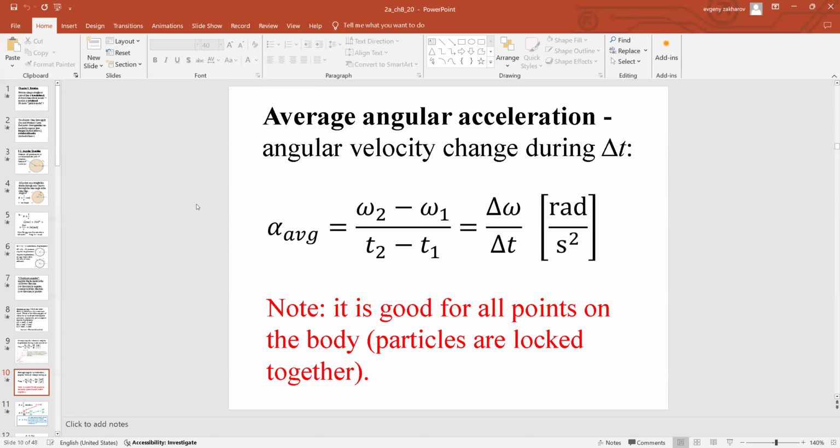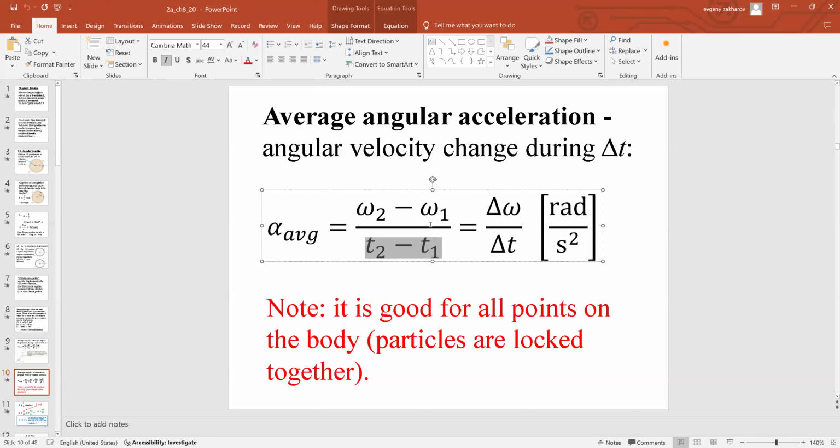And then we had acceleration, which was change in velocity with respect to time. Same thing here. It's now angular acceleration, and it's angular velocity final take away angular velocity initial with respect to the moment of time that it took you to get from omega-1 to omega-2, and you get your delta omega delta t, so change in angular velocity with respect to the interval of time.